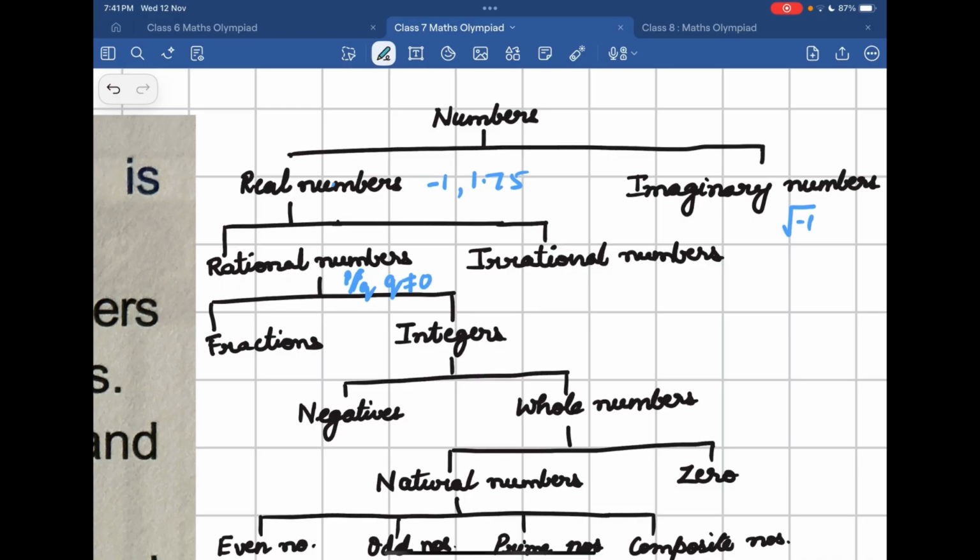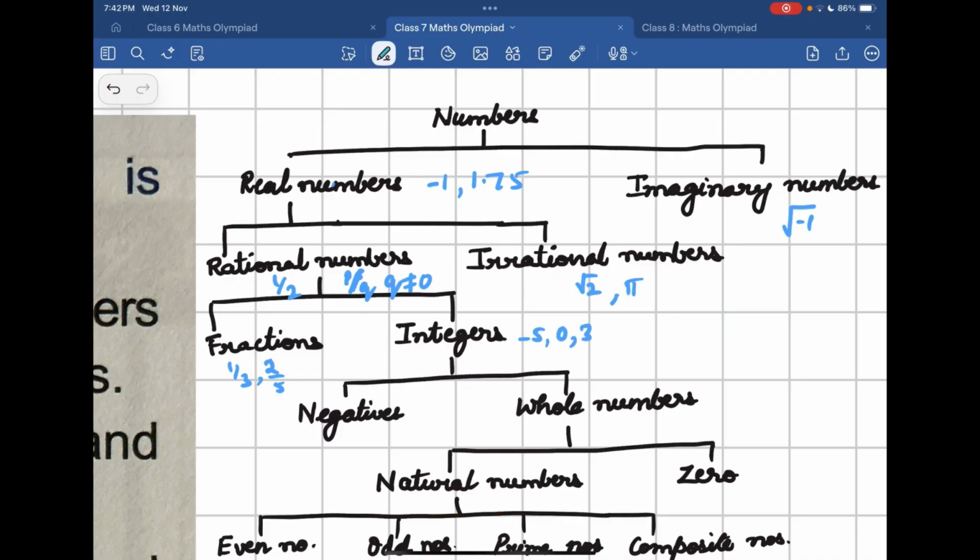For example, we can write 1 by 2, 1 by 3, etc. Irrational numbers, examples are root 2, pi, etc. These rational numbers can be divided into fractions and integers. What are fractions? Fractions can be written in the form like 1 by 3, 2 by 5, etc. And integers are negative numbers, positive numbers and 0.